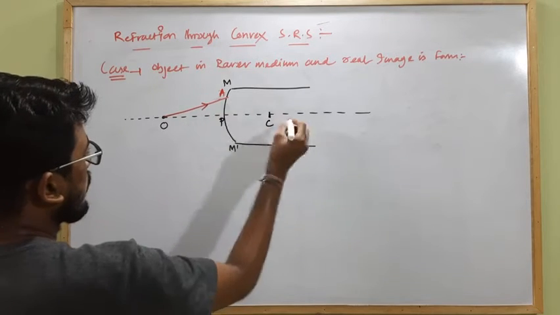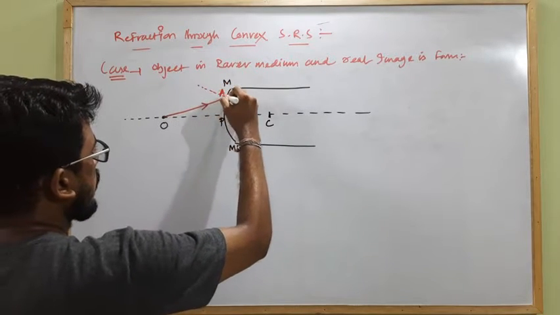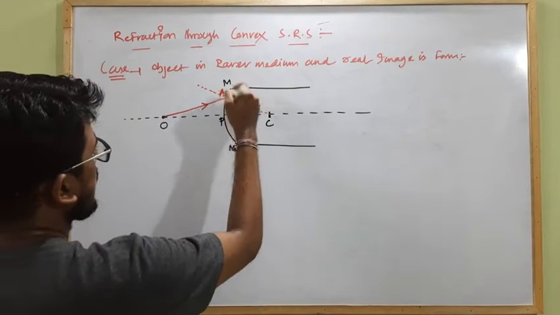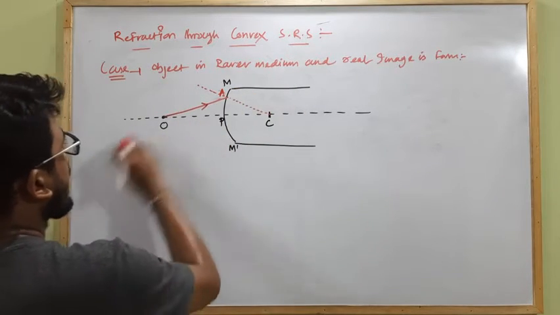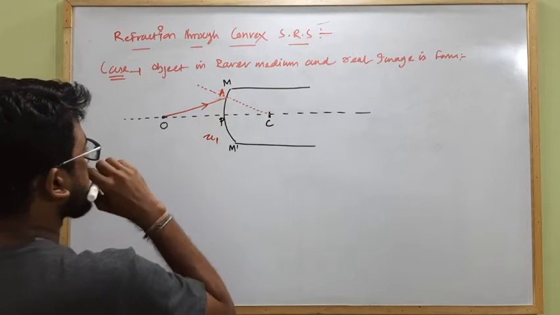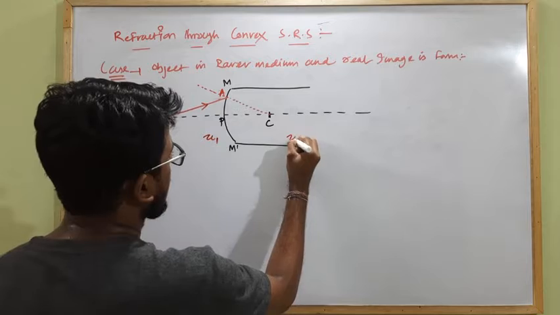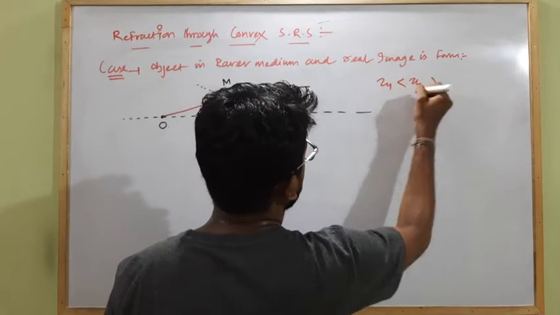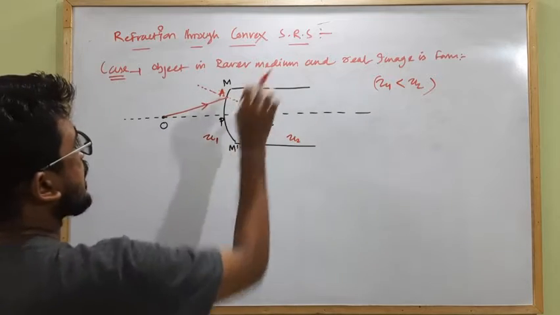At this point of incidence, this will be the normal, which is the radius of curvature. As this is the rarer medium with the object, this will have refractive index mu1 and this medium will have refractive index mu2. Here mu1 is less than mu2 because the object is in the rarer medium.